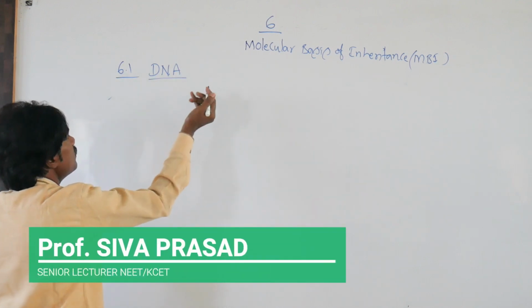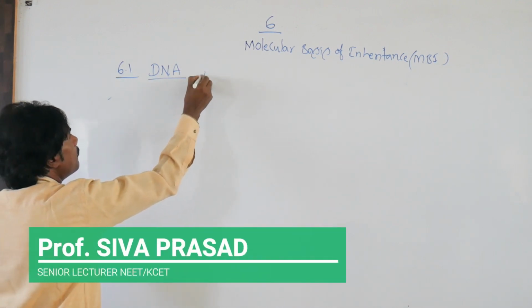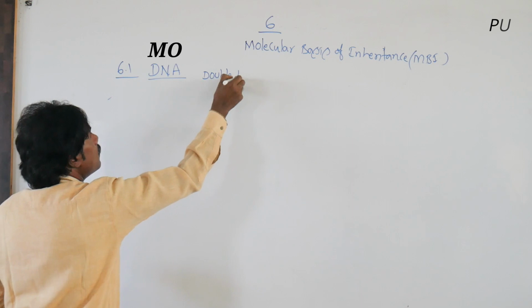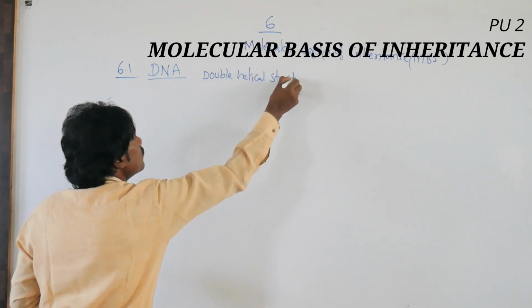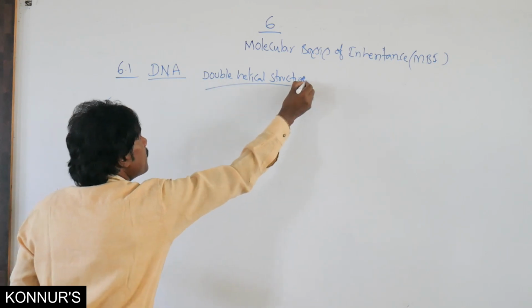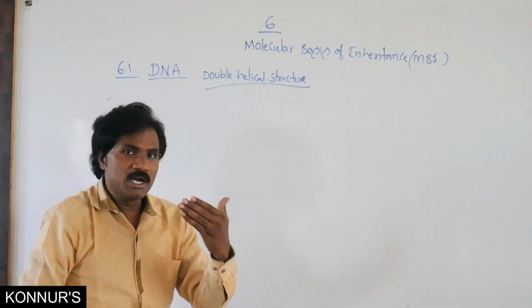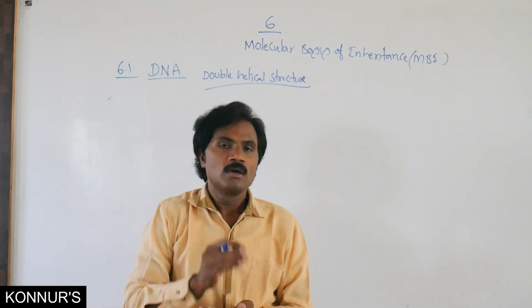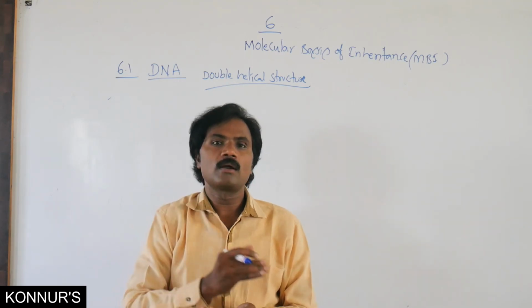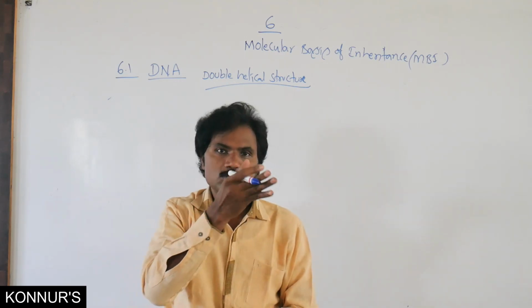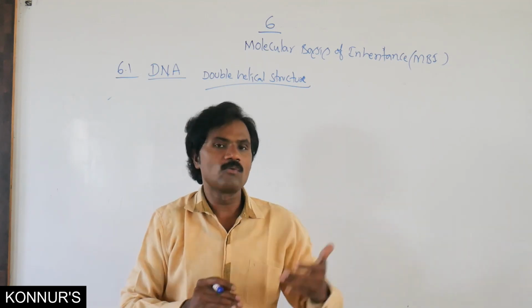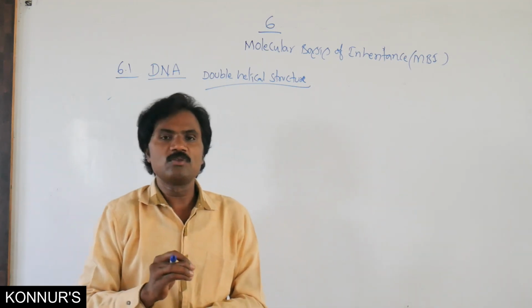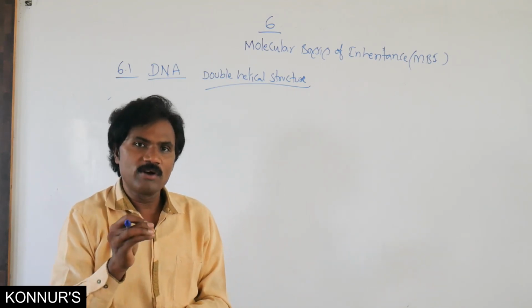The DNA double helical structure. Normally, how many types are there, based on one particular coil, or one complete curve, based on the arrangement of nitrogen bases?